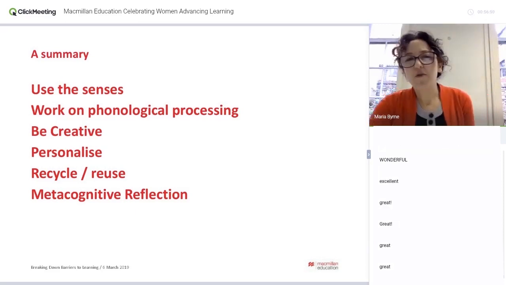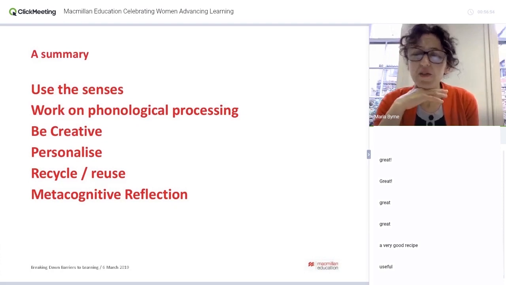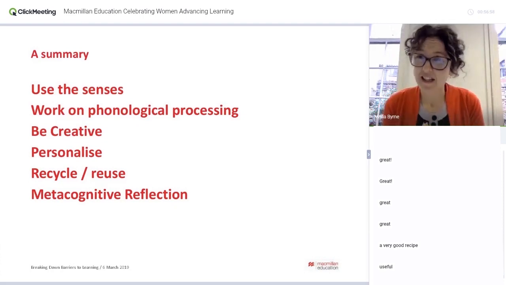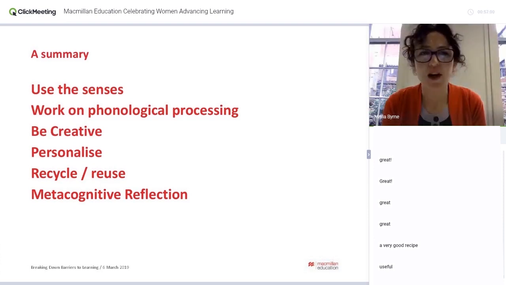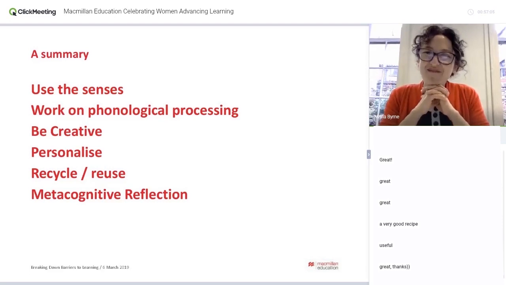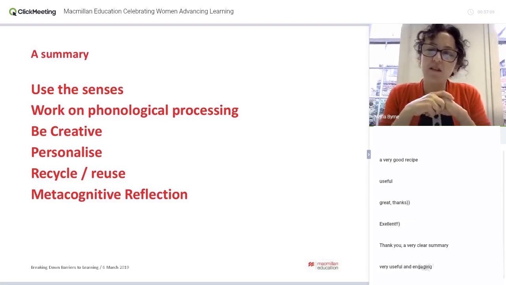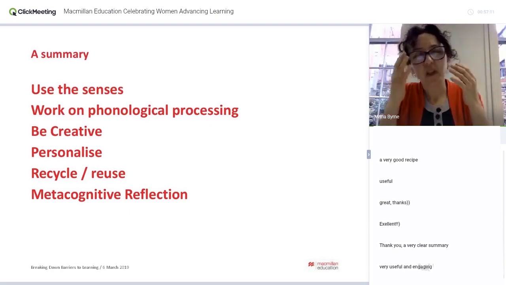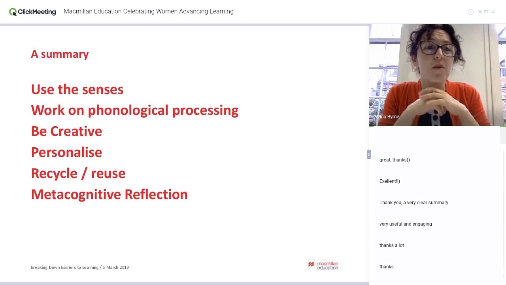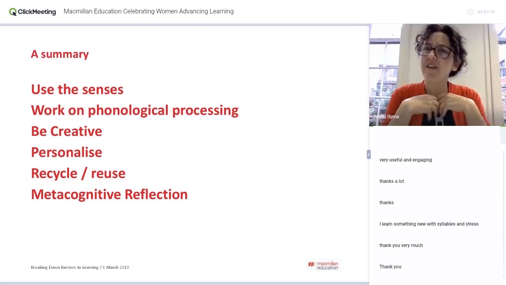So just to summarise some of the classroom ideas that we looked at for the inclusive classroom today. Thinking outside the box, using the senses whenever we can to engage our learners. Work on phonological processing. Be creative and allow the students to be creative as well, even if they are learning for a test. Being creative might be the thing that helps them remember the language.